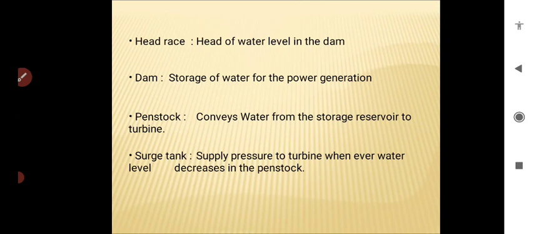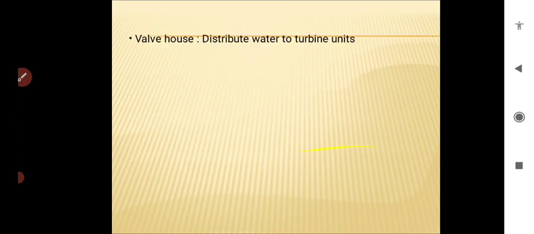The surge tank is a protecting device. It supplies pressure to the turbine whenever the water level decreases in the penstock.